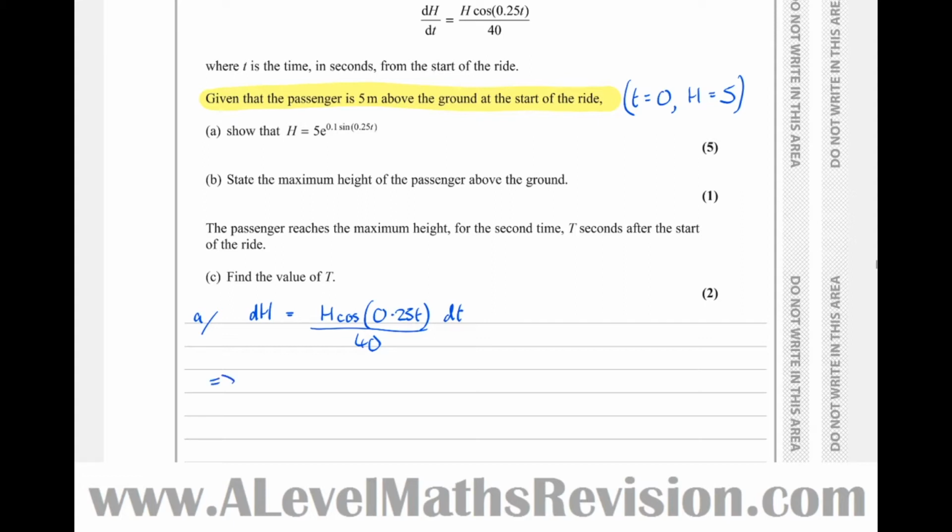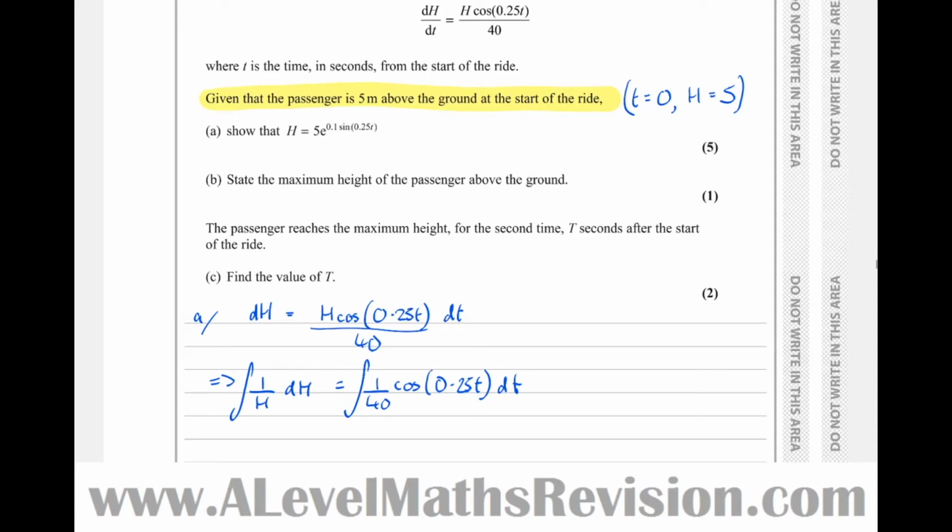So if we divide by h, we get 1 over h dh equals 1/40th cos of 0.25t dt. And now we're ready to integrate both sides. So we integrate that side and that side.